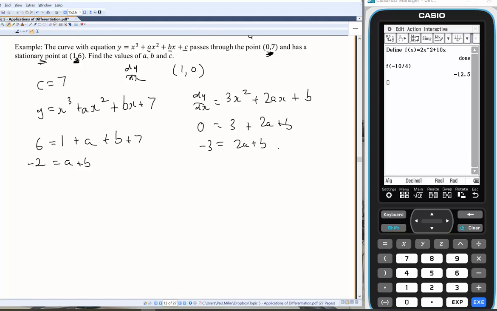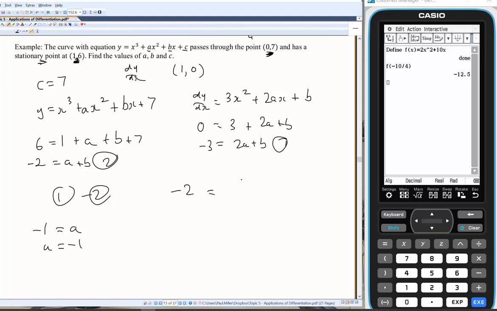Now let's eliminate, so we'll call that 1, we'll call that 2, and we're going to do 1 take 2 or 2 take 1, it doesn't really matter. B take B is 0, 2a take a is a, negative 3 subtract negative 2 is negative 1. So a is equal to negative 1. And let's sub that into this first one here.